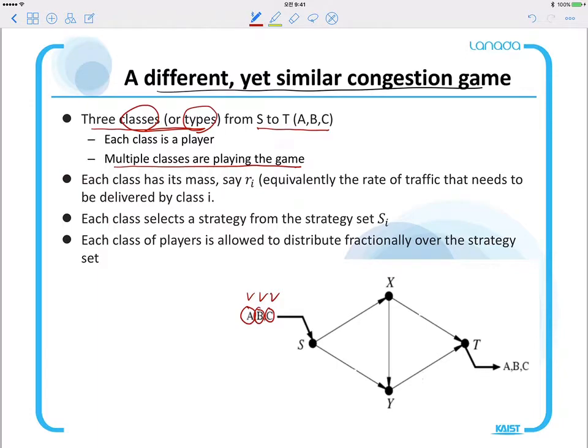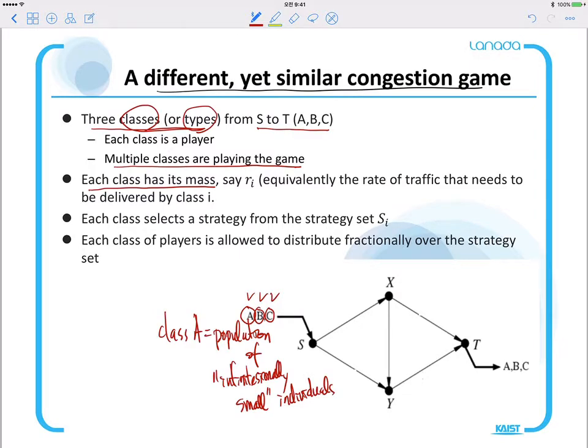Okay. Now suppose that each class has its mass. Like class A can be regarded as a population of infinitesimally small individuals.